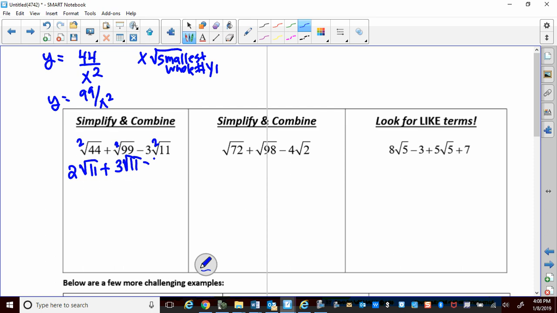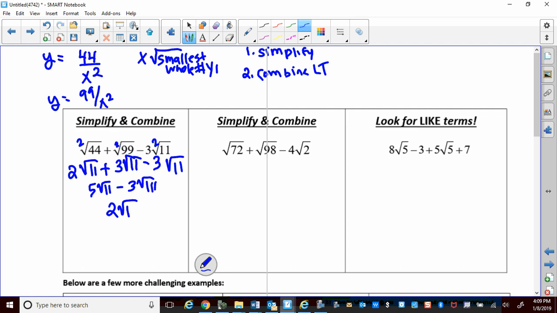And the last one, negative 3 times root 11. There is no smaller value there. So these were my steps. I simplify. Number 2, combine like terms. So 2 plus 3 is 5 root 11 minus 3 root 11, and I get 2 root 11.